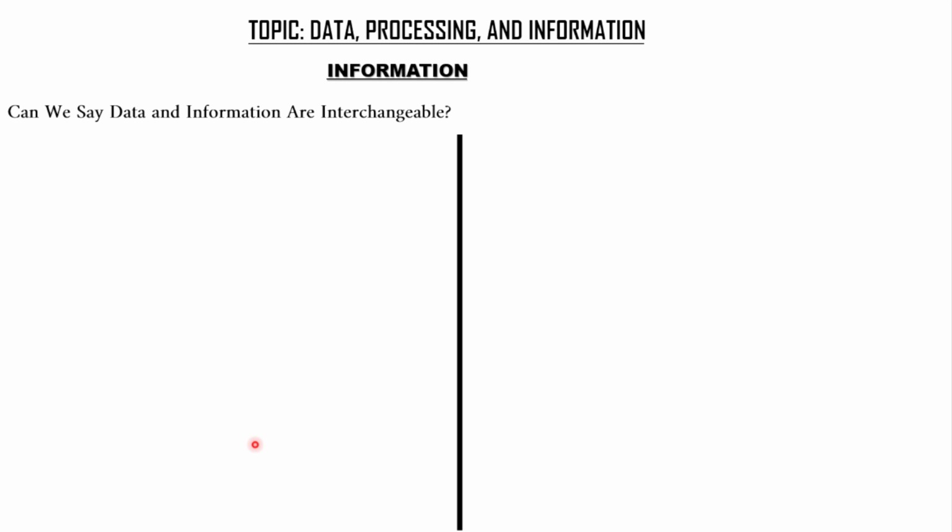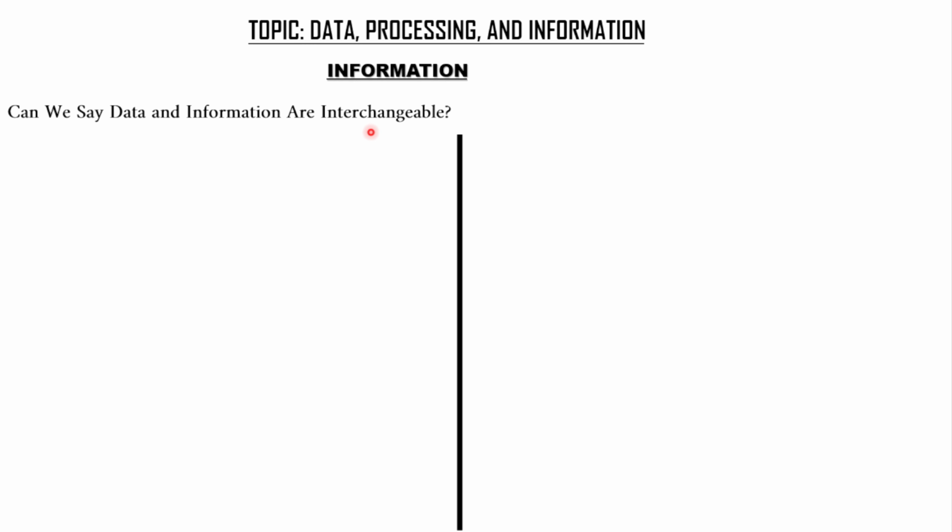So can we say data and information are interchangeable? First, when we say interchangeable, what do we mean, right? Interchangeable simply means two things can switch roles or replace each other depending on the situation.